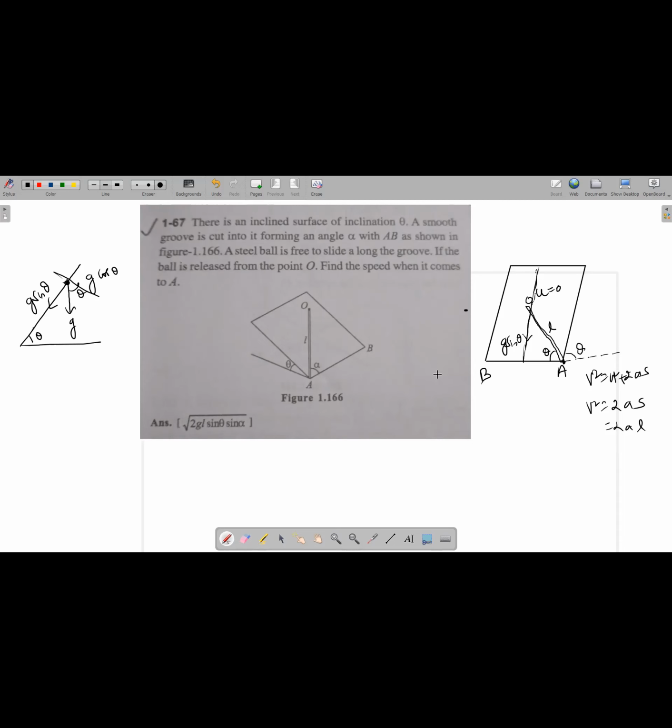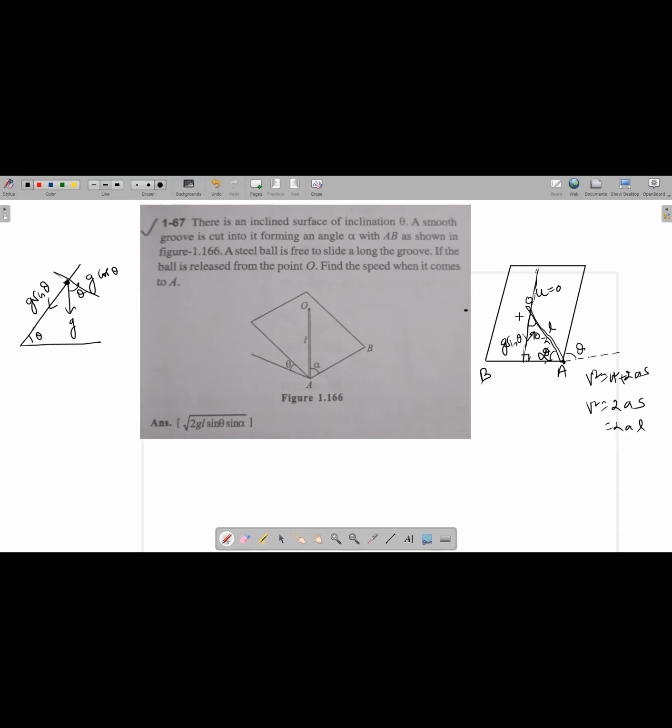If the groove was perpendicular to AB, then the angle between the groove and AB would have been 90 degrees, but it says the groove makes angle alpha with AB. So this groove is not along the line perpendicular to AB. It is at some angle, right? If this is alpha, this is 90, so this is 90 minus alpha.